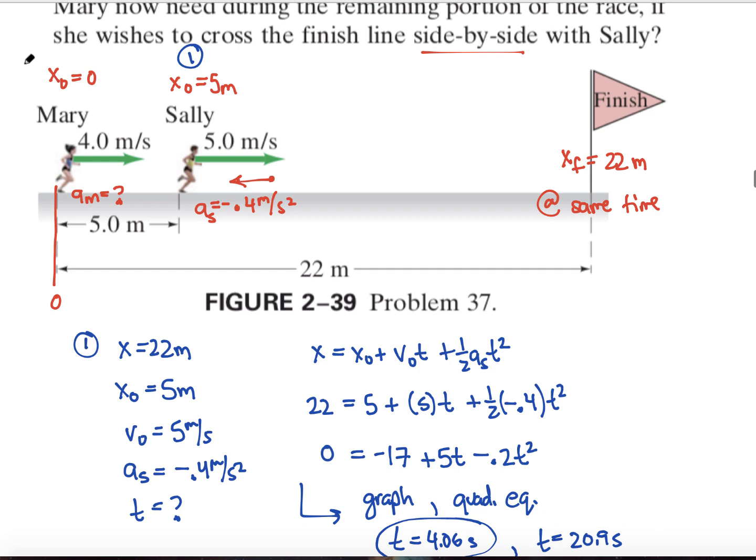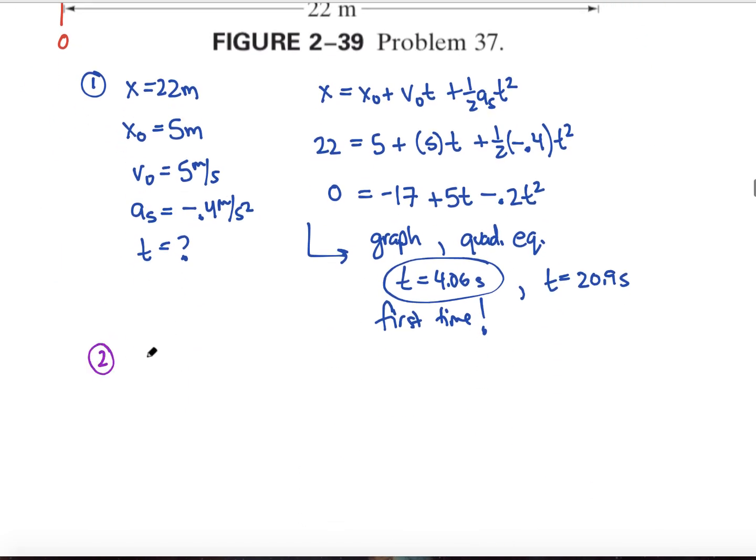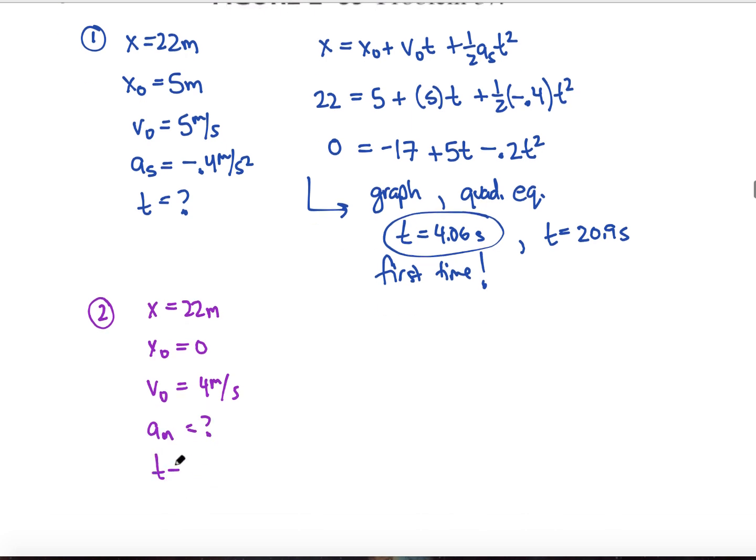So part 2 is dealing with Mary. So Mary has a couple different things. She's still finishing at the 22-meter mark. Her initial position, however, is 0. Her initial speed is 4 meters per second, and her acceleration is unknown. But now I know that her time is 4.06 seconds. And honestly, we could probably round that to 4 if we wanted to, but we'll leave it as it is for now.